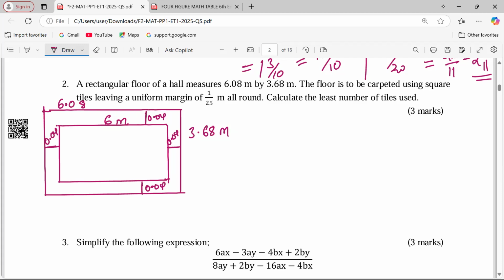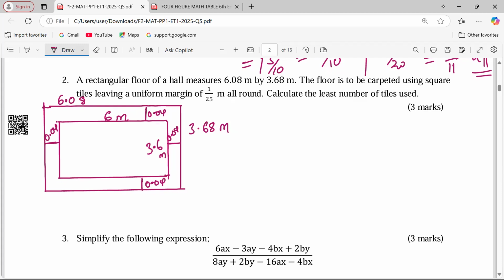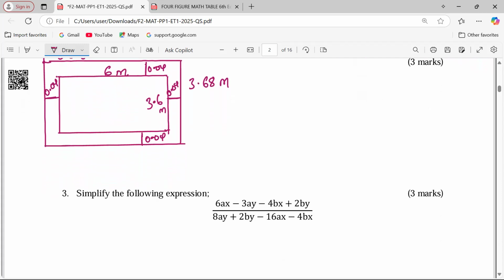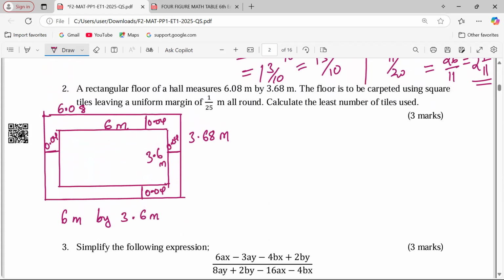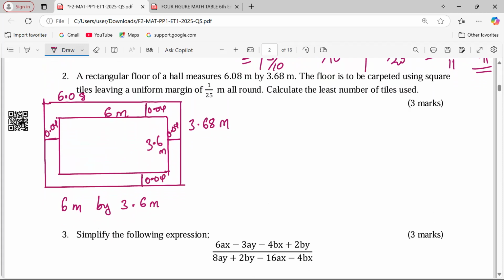That will be 3.6 meters. Therefore, the area that shall be covered by the tiles is measuring exactly 6 meters by 3.6 meters.